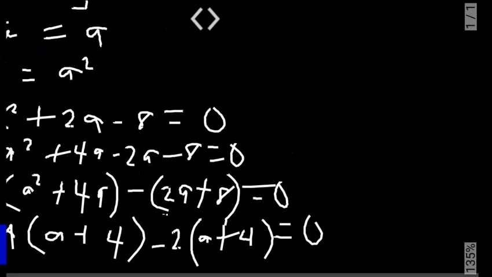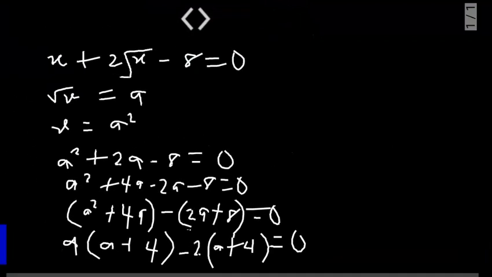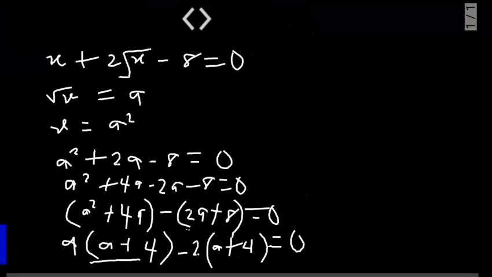Looking at it, we have two common expressions here, a plus 4 and a plus 4. So it also shows us that we're on the right path. When factorizing, you should not have something different. If you have a plus 4 here, you should also have a plus 4 here.